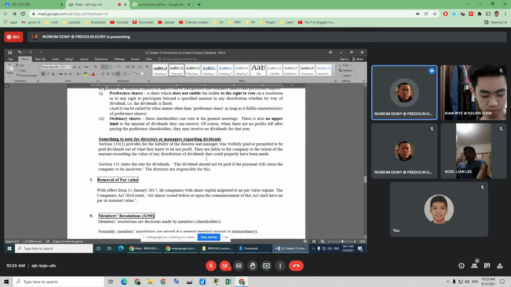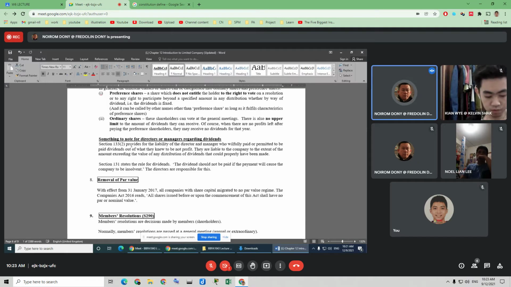Something to note for directors or managers regarding dividend. Be careful if you are selected as a director or manager for companies. Section 133 subsection 2 provides for the liability of the director and manager who willfully paid or permitted to be paid dividend out of what they know to be not profit.